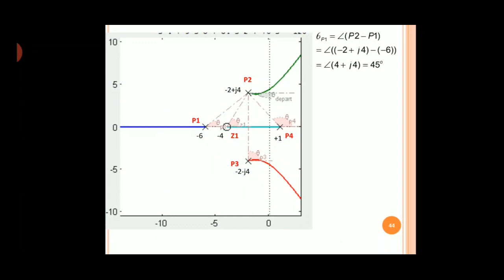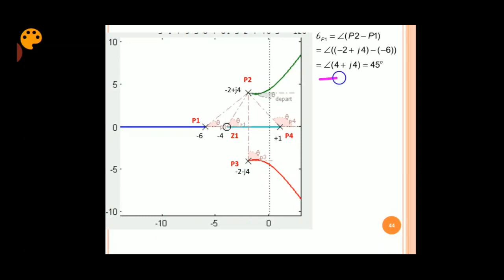So it is the angle contribution at P2 by P1. First subtract: always P2 comes first. Why? Because P2 is the complex pole at which we are calculating the angle of departure. Therefore, subtract P2 minus P1, substitute the values, you get a complex number. Find the angle for that.